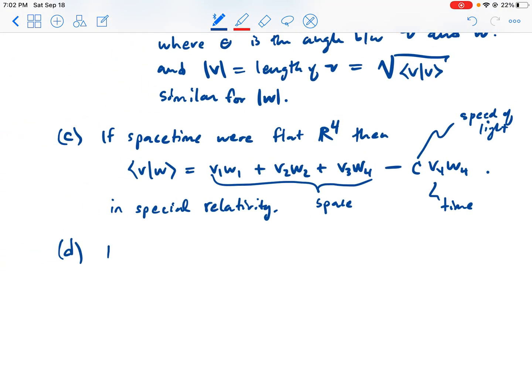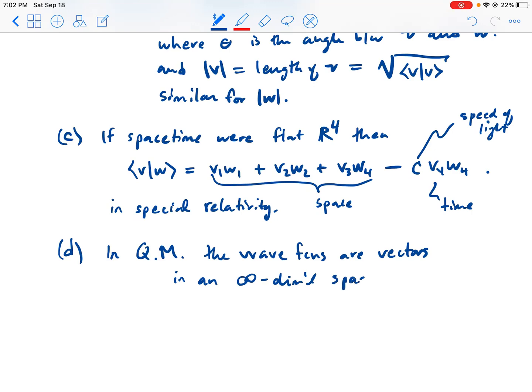So in quantum mechanics, the vectors, or let's say the wave functions, are vectors in an infinite dimensional space, usually. Qubits and quantum computing sometimes have finite dimensional spaces, but usually it's an infinite dimensional space.